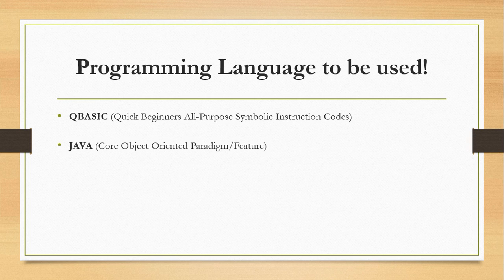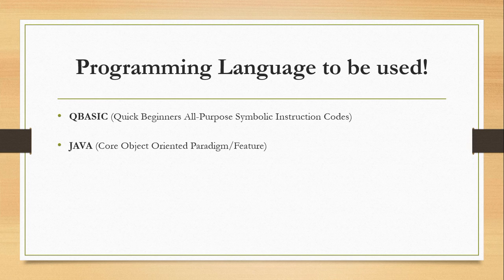Okay, so we're also going to be using Java. The main reason why we'll be using Java is because when we talk about the object-oriented programming paradigm, Java is one of the best languages that explains the core concepts of object-oriented programming.